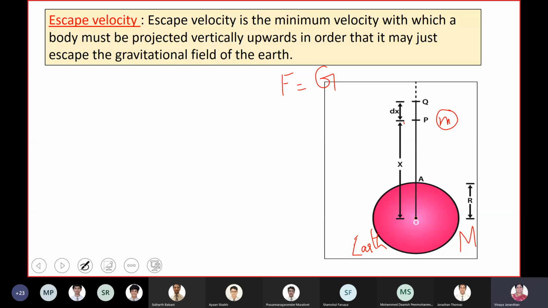Yes, ma'am. Phone was ringing, that's why. Ma'am, could you repeat the question? So what is the equation for the force between the body of mass m and the Earth of mass capital M, right? If I'm moving in this way, I will not be able to complete theory as well as your numerics.